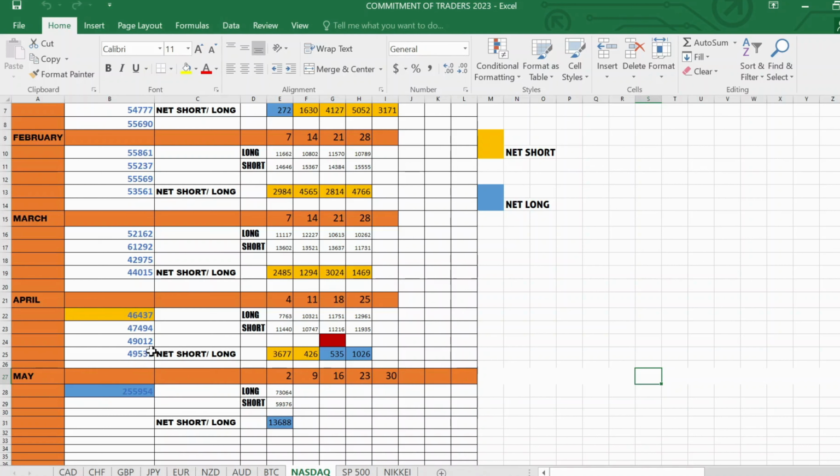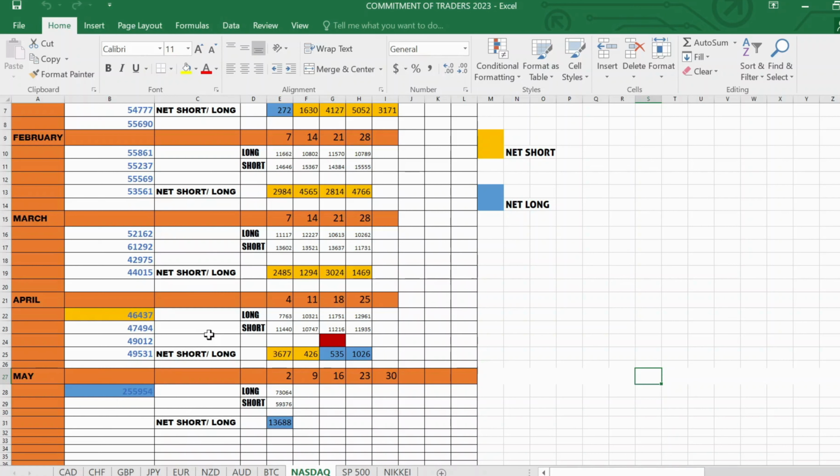From the April 25 report, the open interest was 49,000, and on May 2nd, it jumped fivefold to 55,000. And as you can see, there has been a shift in sentiment on April 18th from bearish to bullish in the NASDAQ. Again, this one is accompanied by a very large build-up in volume. So this could be signaling a bullish trend in the stocks.